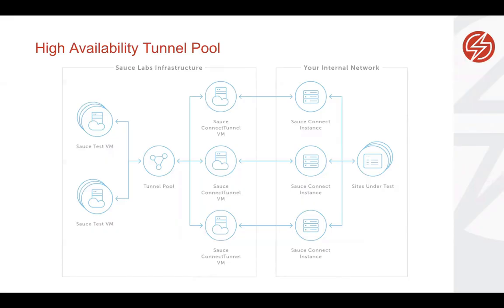So as your test script runs and needs assets under the sites under test, Sauce Connect will manage the traffic across these tunnels for us. So we don't have to do anything other than just set the tunnels up, name them in high availability, and Sauce will handle all of the traffic for you.